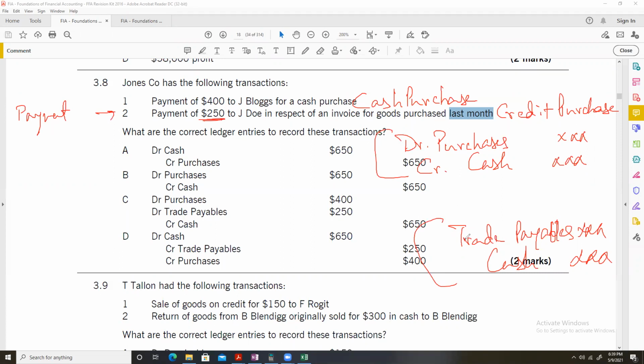So we will combine these two double entries.